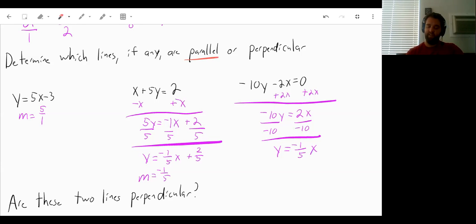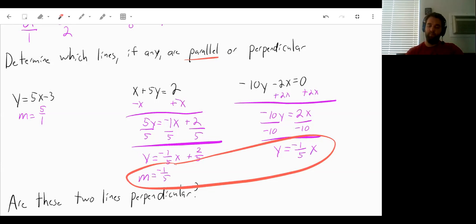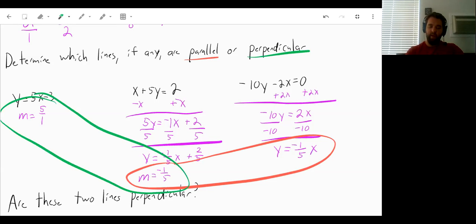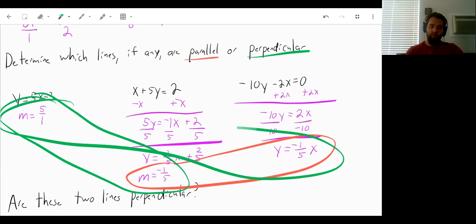Well, the ones that have the same slope. So these two are parallel. Which are perpendicular? Well, they're going to be the ones with the negative reciprocal slopes. So these are negative reciprocals, and those are negative reciprocals. So that's one way that you can figure that out.